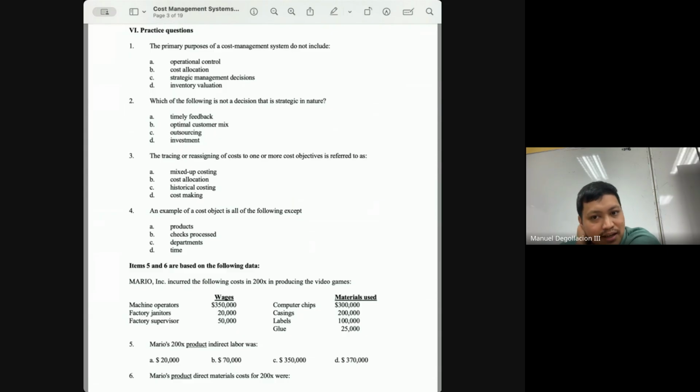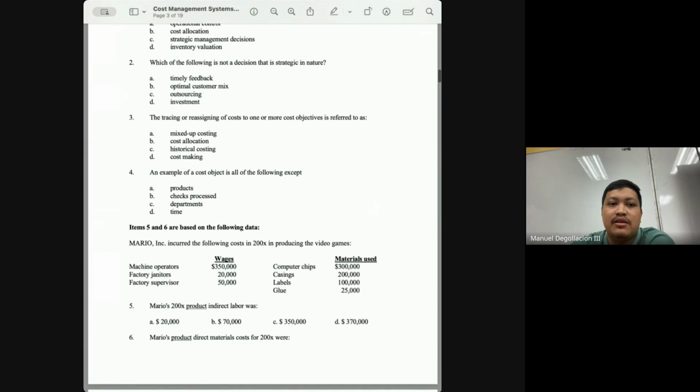To some extent, yes. Letter C, outsourcing. Do you have control as to the decision of whether or not you should undertake outsourcing? Yes. Do you have control over your investment decisions? Yes. But as to feedback, class, do you have control over feedback that you will receive? The answer is no. So that definitely is not a strategic decision. So the answer for number two is letter A.